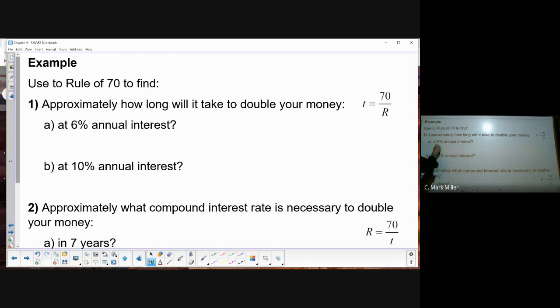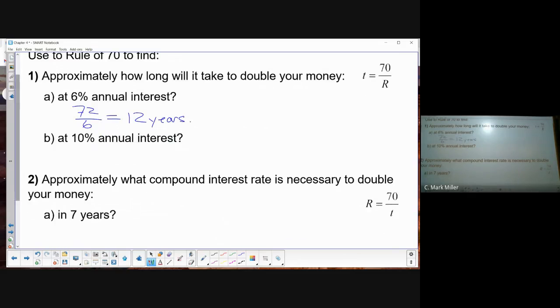So 72 divided by 6 is what? 12 years. It's that simple. You just divide it into 70 or 72, whichever one it goes into evenly. And boom, in 12 years, you will double your money at 6% interest, compounded.